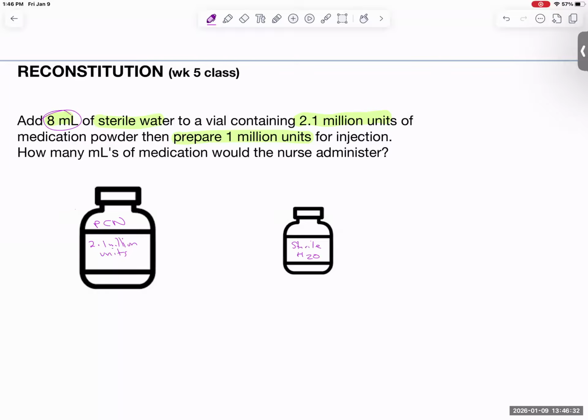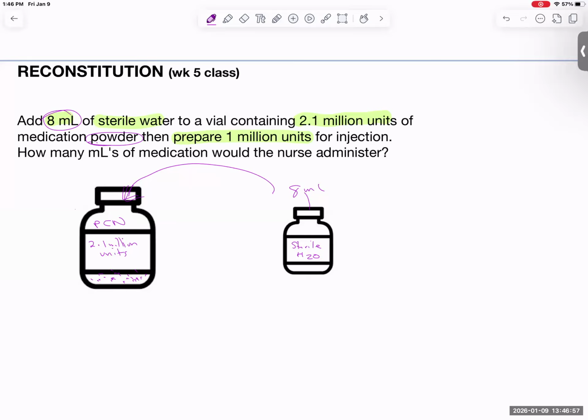Cool. So if I'm adding 8 milliliters, I'm drawing out 8 milliliters of sterile water and I'm injecting it into this vial that has powder in it. That's why it says powder. I'm going to put the liquid in the powder, and that's called reconstitution. I'm mixing the med. I'm making the med to give through the IV because I can't give powder through the IV in the vein.